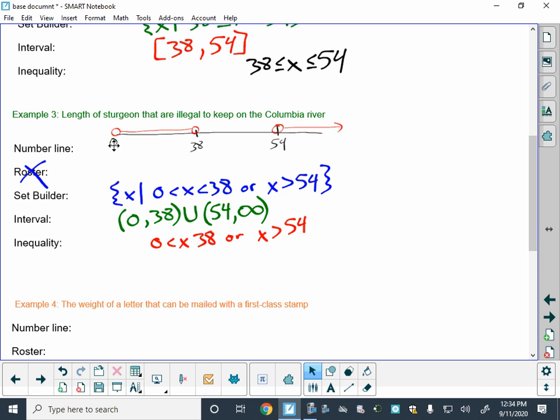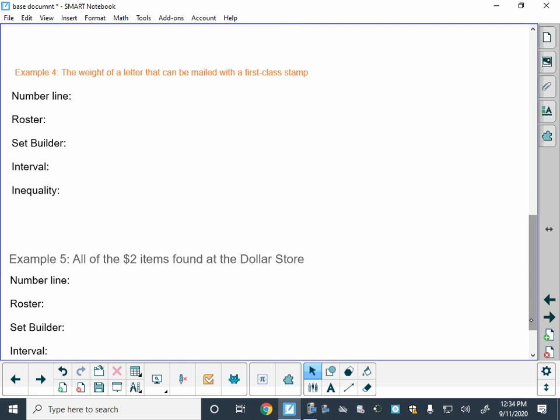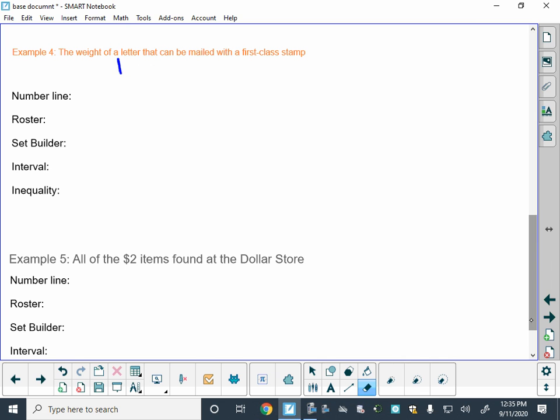All right, next example. The weight of a letter that can be mailed with a first-class stamp. Okay, I looked this up. You can weigh something that weighs up to 3.5 ounces. So if we were doing this on a number line, if we draw our number line, the important numbers on here are going to be 0 and 3.5.